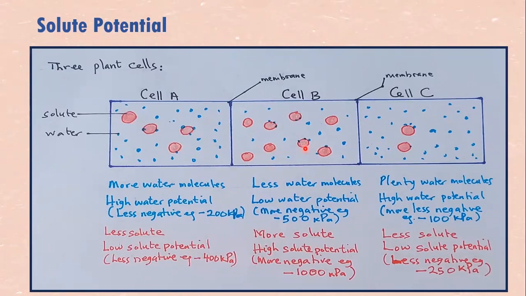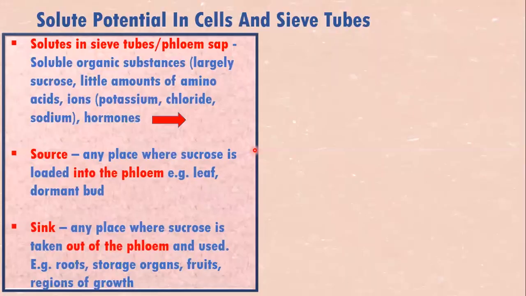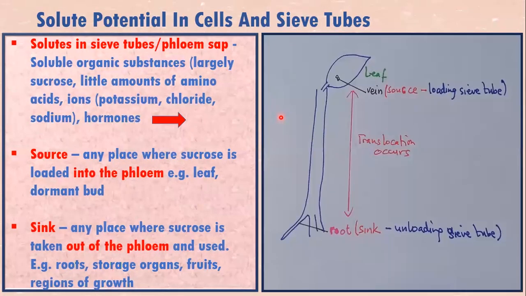We now want to look at what happens to solute potential in plant cells and sieve tubes. We first of all want to explain some terms. We have a term like solute, and the solute you find in sieve tubes, that's the phloem sap, is largely sucrose.